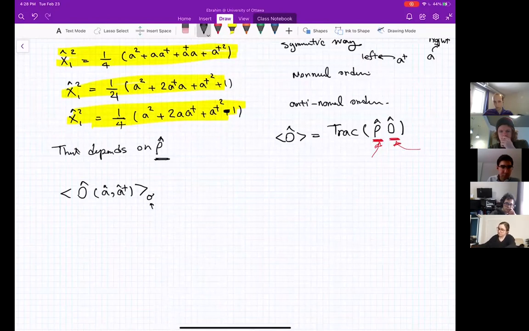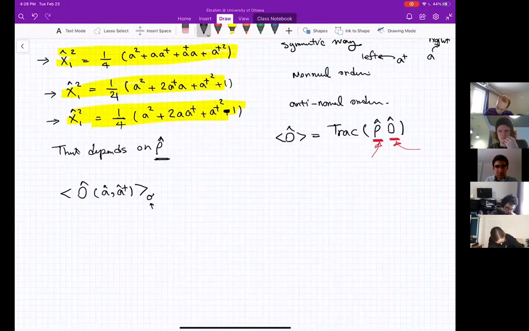No. Associated to any of those three cases: symmetric, normal, or anti-normal. So the value that we have for sigma is three different values, depending on the choice that you have. We will discuss that.